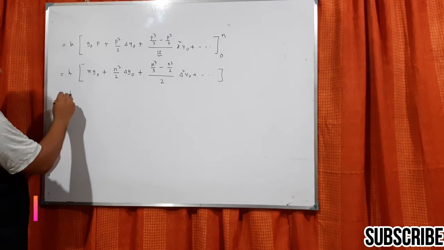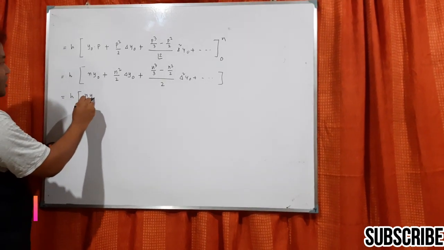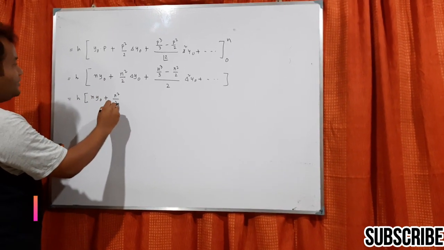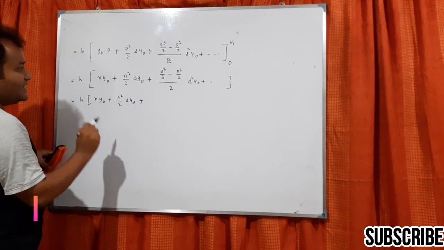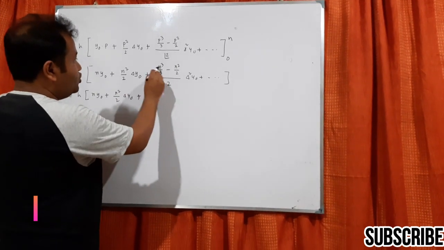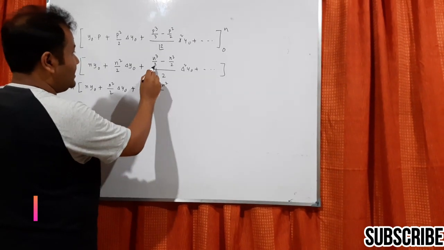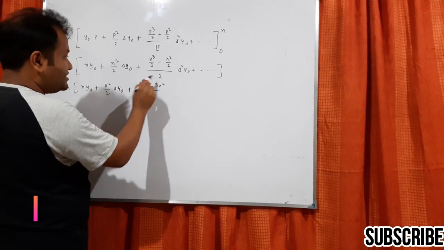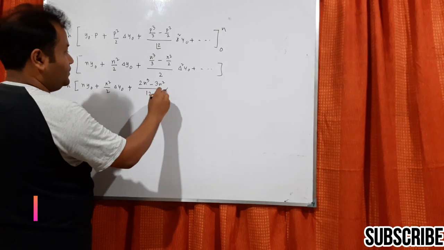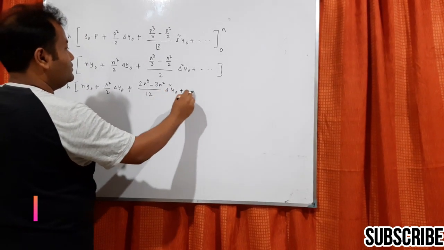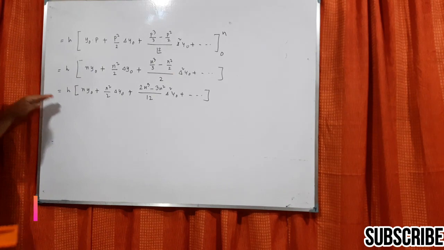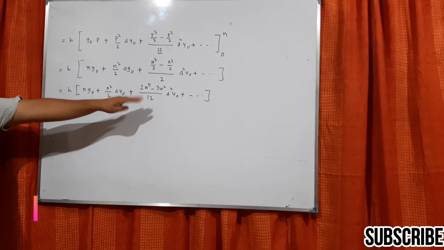So this is h times n y naught plus n square by 2 delta y naught plus 2 n cube minus 3 n square divided by 3 into 2, 6, 6 into 2, 12, delta square y naught. So this is the general formula for numerical integration.